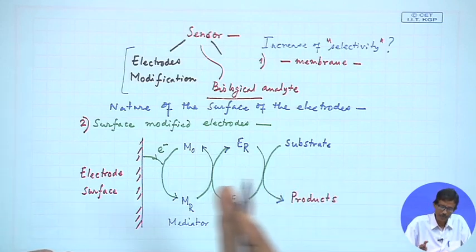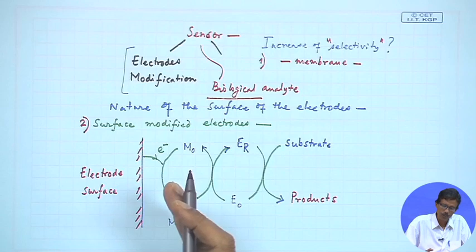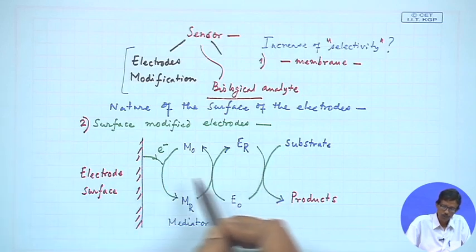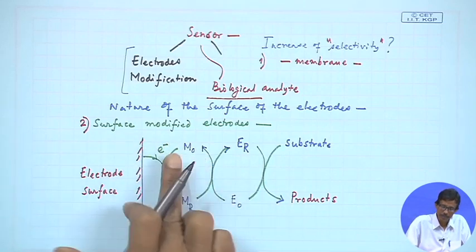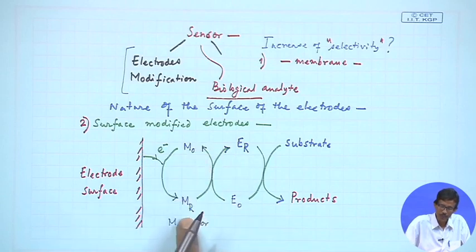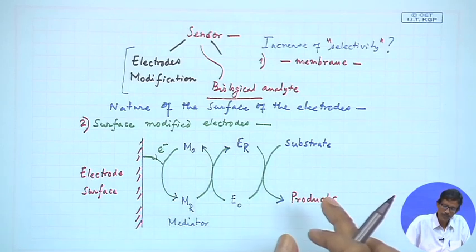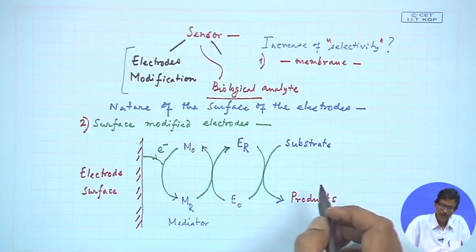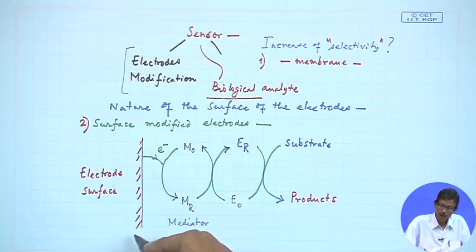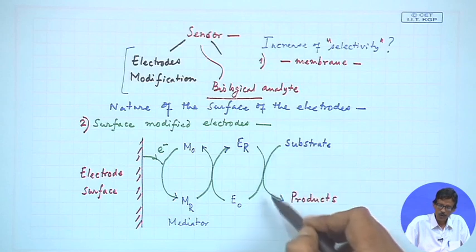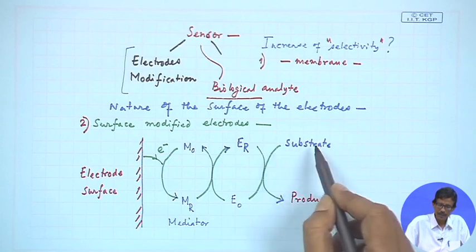So, an enzyme can be anchored and put on the surface of the electrode. Without the presence of this mediator, you may have only the enzyme. So, one thing is you can know nicely that the electrode is fine to go for your electron transfer reaction for getting substrate or product.